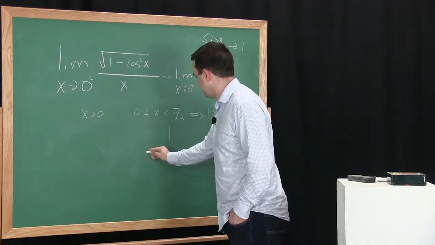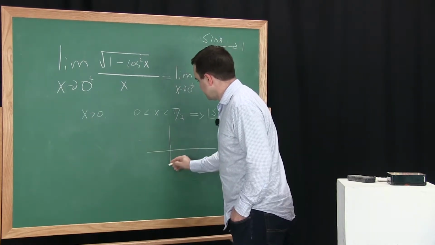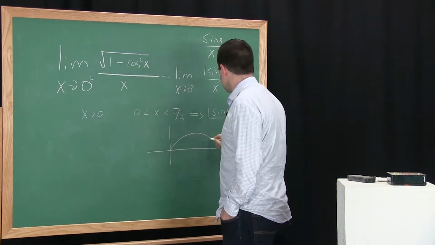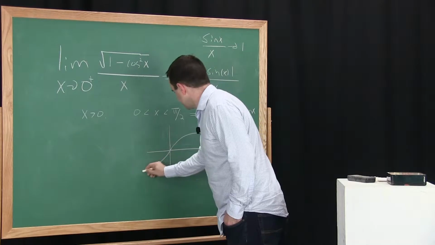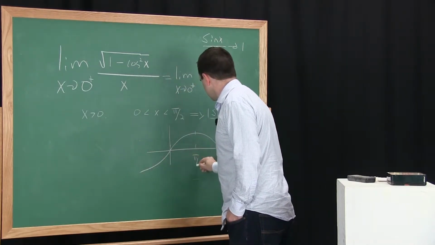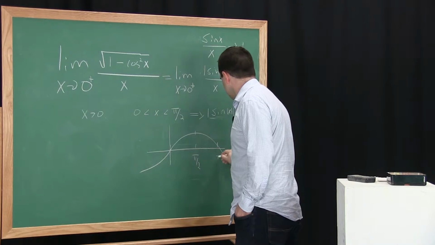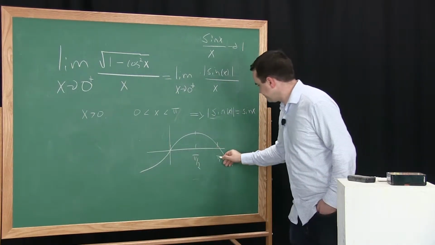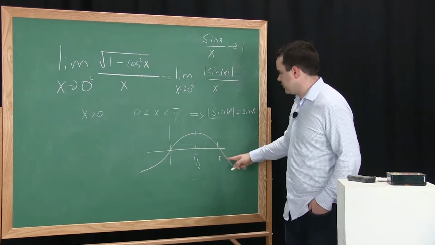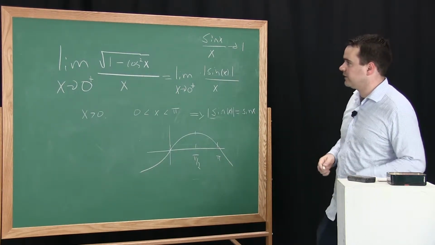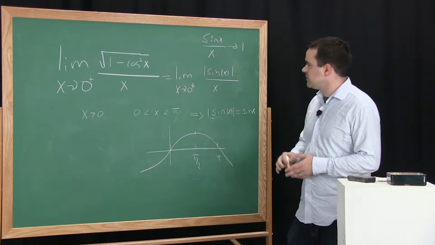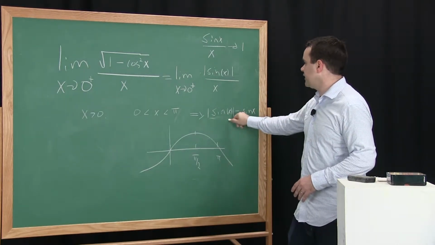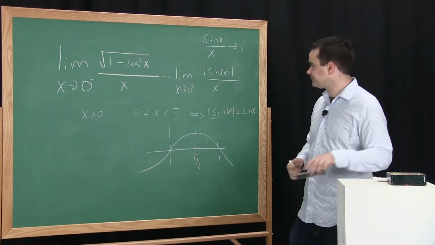You can see that from the graph of sine of x. It's actually going to stay positive all the way up until pi, and then it'll go negative and then become positive again. But when we're taking the limit as x goes to 0 from the right, we're considering values very close to 0, but positive. And certainly it's going to be true that the absolute value of sine of x is equal to sine of x.